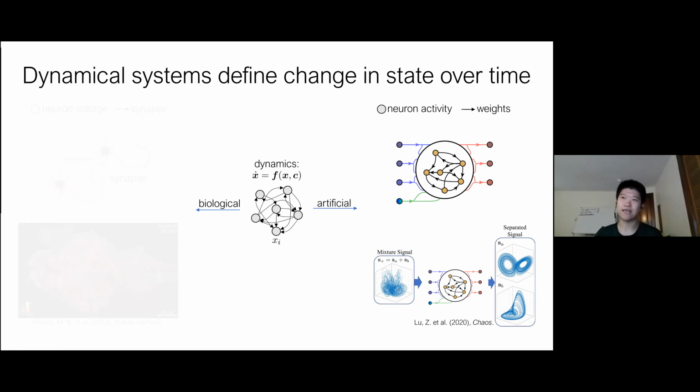For example, here is a source separation problem for mixed signals. Here's some time trajectory in R3, which is a linear sum of two very pretty looking time series on the right. What this neural network has been trained to do is to separate this mixed signal through some means.